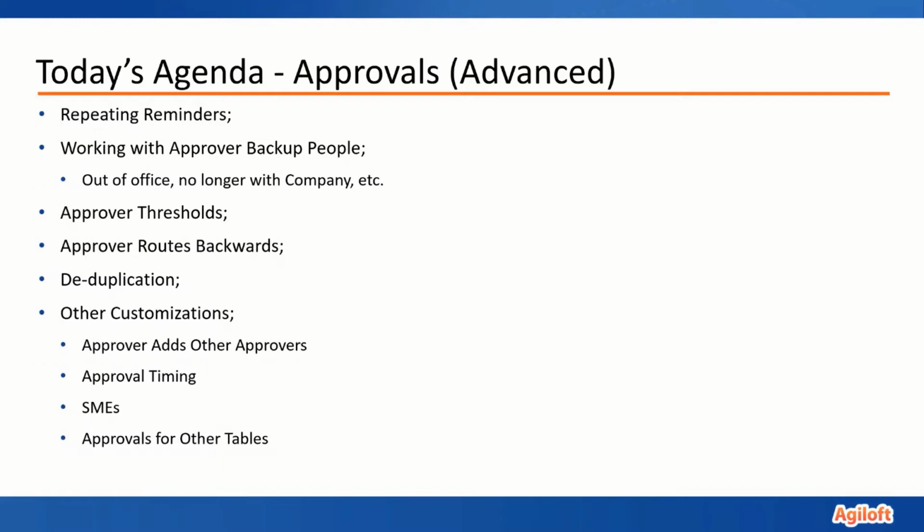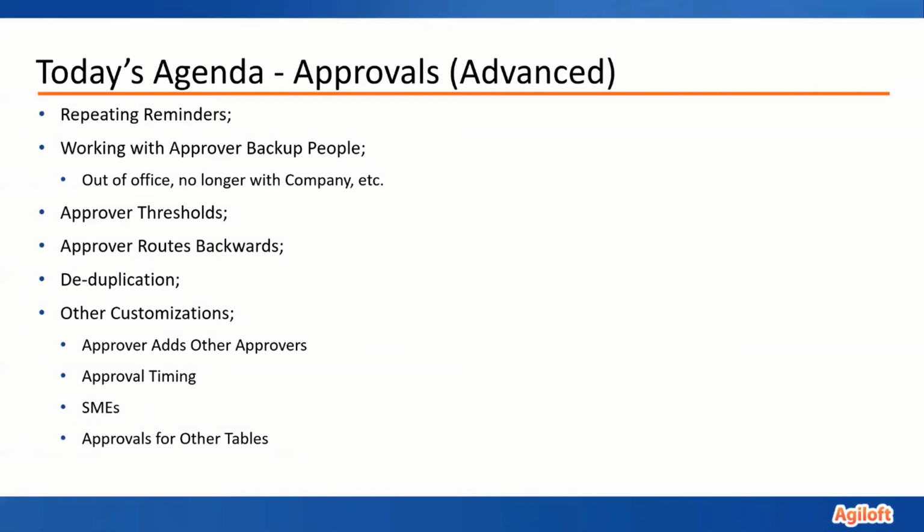You will allow approvers to require changes from the contract requester, legal representative, or someone else from the contract. We will go over strategies for deduplication, so we don't have one person with multiple approvals for one contract. Then we will cover a variety of other customizations.